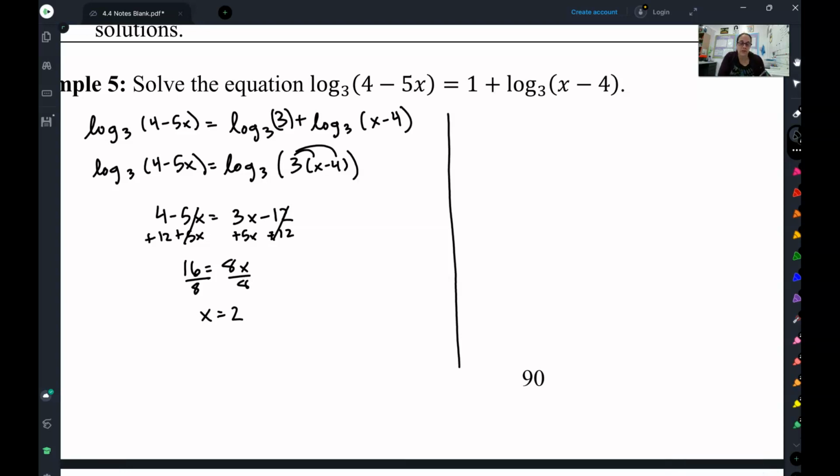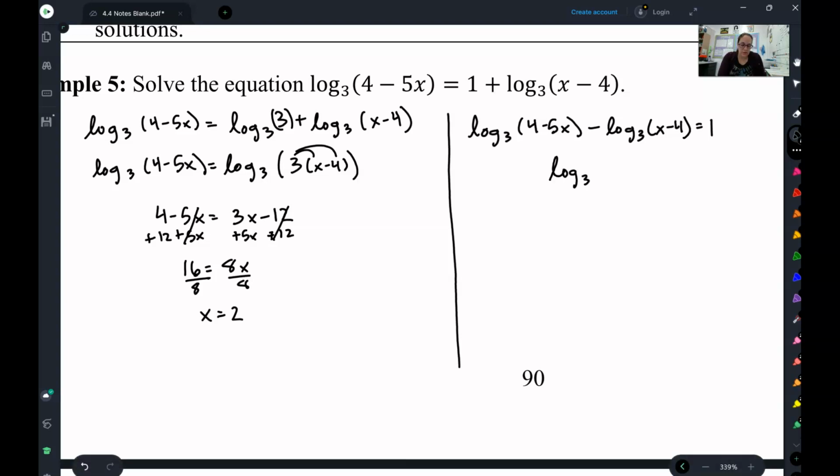Now, we will check that answer, but before we check it, I also wanted to show you the other way you could solve this. The other way is by subtracting this log over to the other side, by bringing the logarithms to the same side. So if I subtract this log over, I would get log base 3 of 4 minus 5x minus log base 3 of x minus 4, because I subtracted that one over, equals 1. And now that I have the logs on the same side, I could turn this subtraction into division.